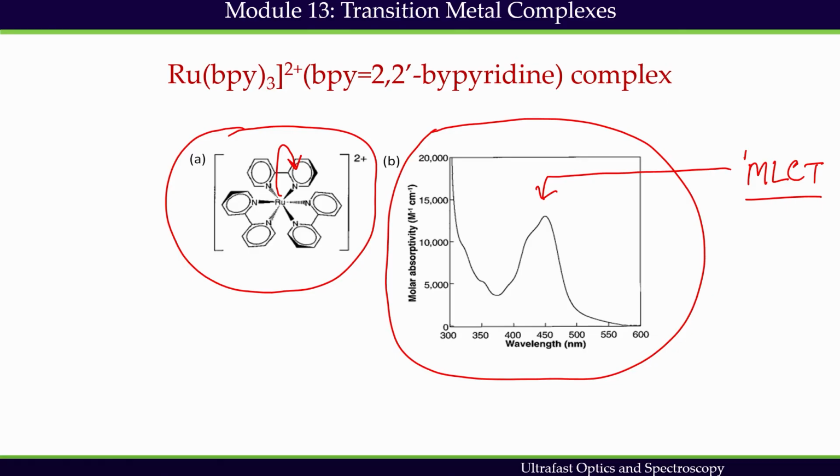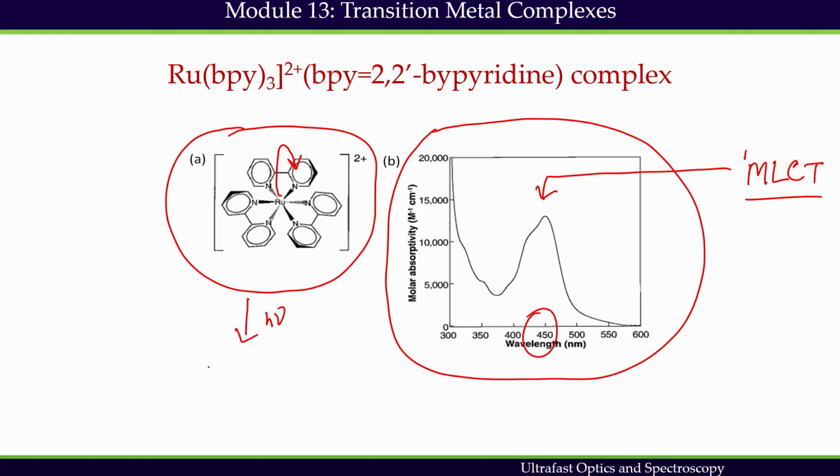Photoexcitation of ruthenium species to the singlet MLCT state ultimately leads to the formation of a long-lived species in the triplet MLCT state. So, what happens once we photoexcite with this photon energy?